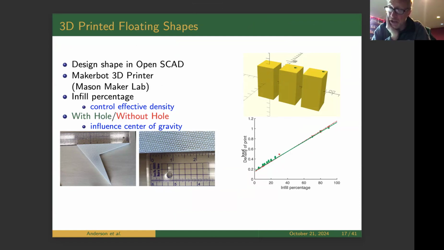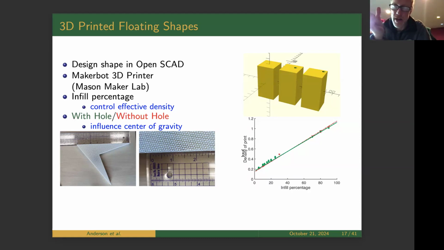So a solid chunk of PLA would sink. I want to say 1.2 or 1.3 compared to 1 gram per cubic centimeter. But yeah, so that certainly controls the density of the object.